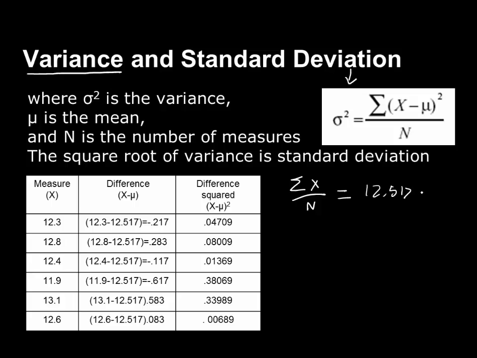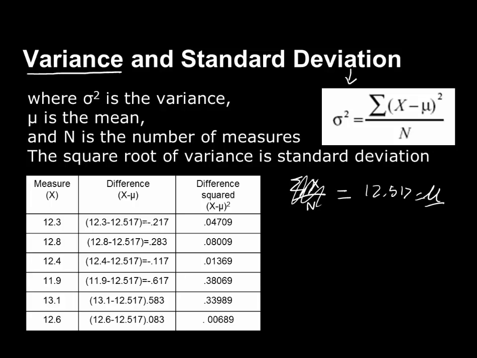That is the mean, which is mu. You guys won't ever have to know this, but that is the mean symbol for statistics. Now, if we were to just take the measurement minus the mean, that would tell us how far the measurement lies from the average value.